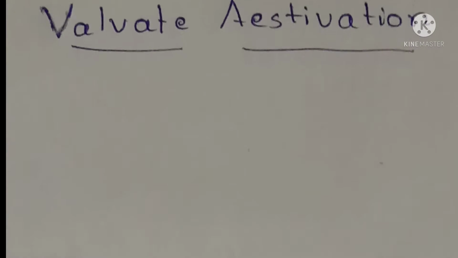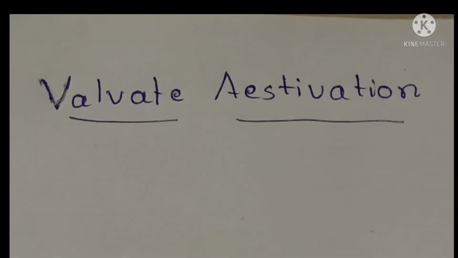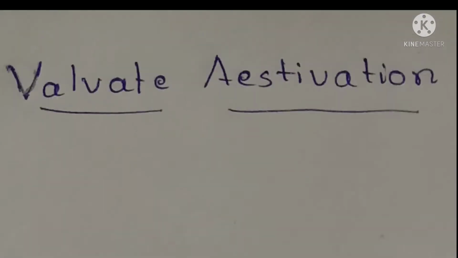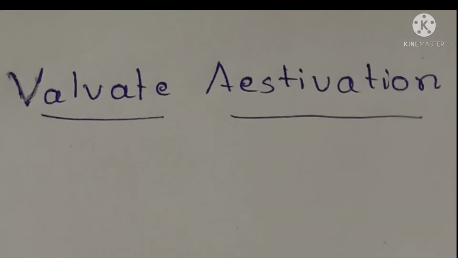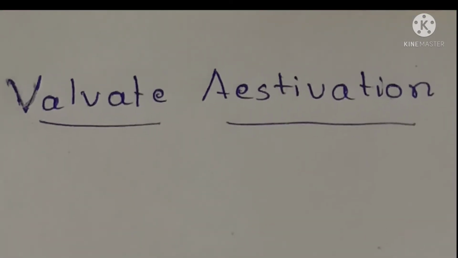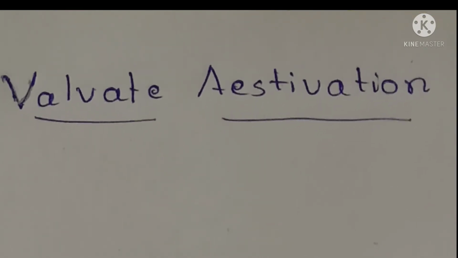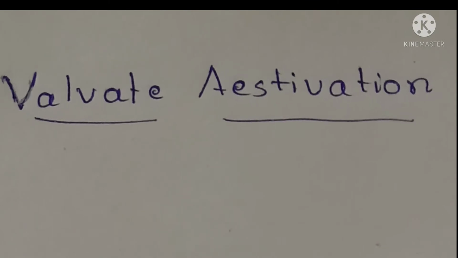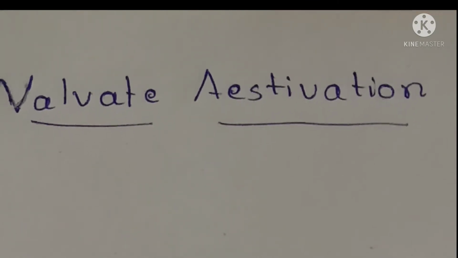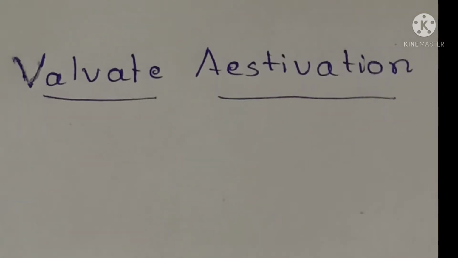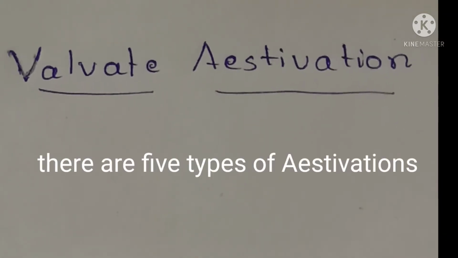How to draw the diagram of valvate estivation? It is an important question in the first PUC syllabus. You can concentrate on this 5-mark question. There are 5 types of estivation: valvate, imbricate, quincunxial, twisted and vexillary estivation.